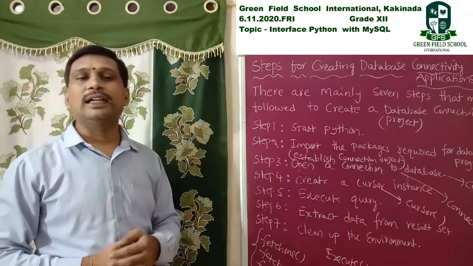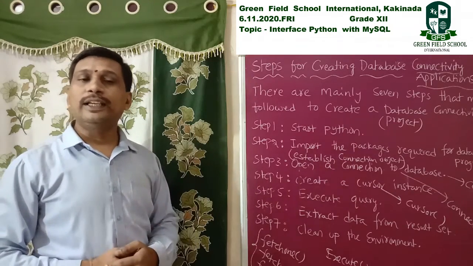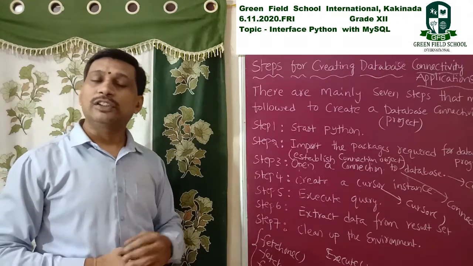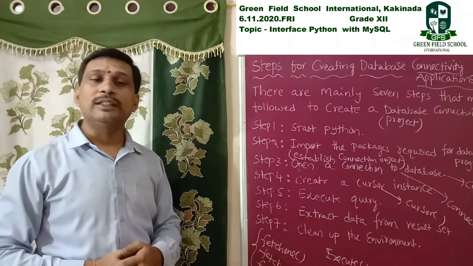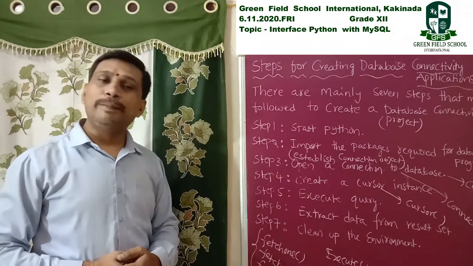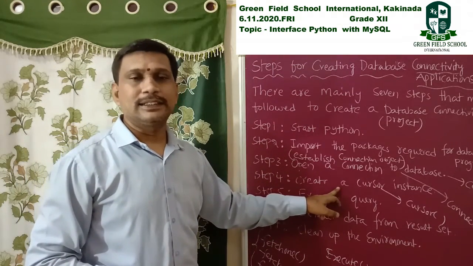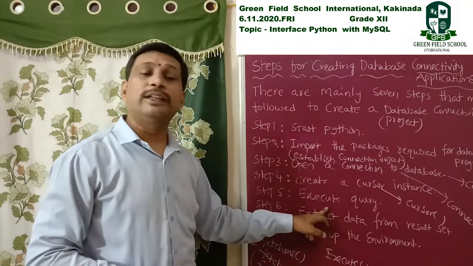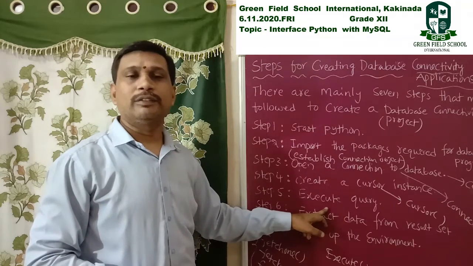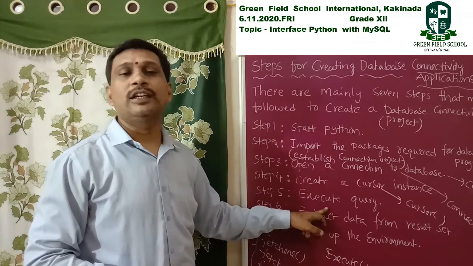Here only one record, employee number 101, is fetched from the database table and placed in this cursor instance. So we write the query according to our requirement, with a where clause or without using a where clause.